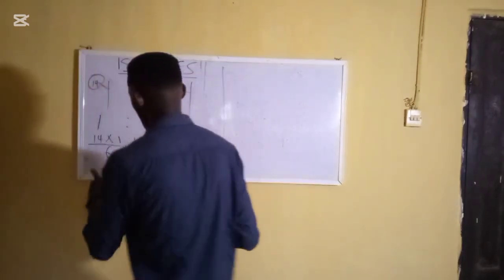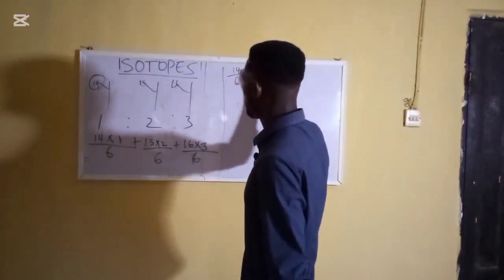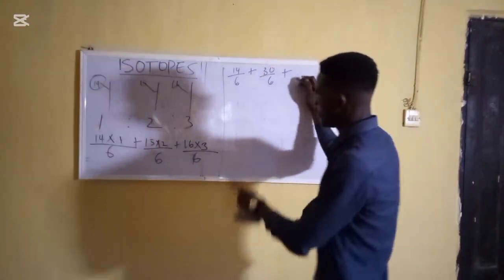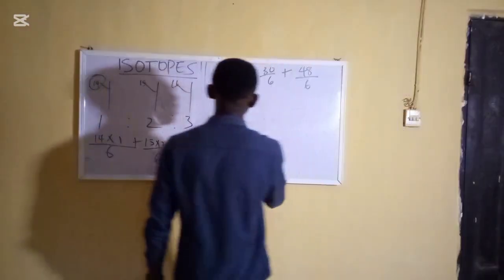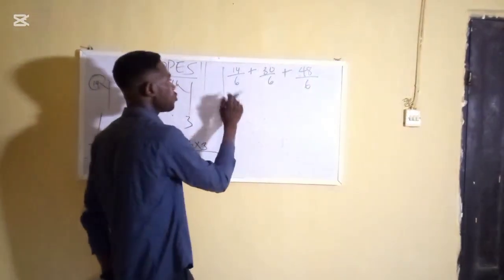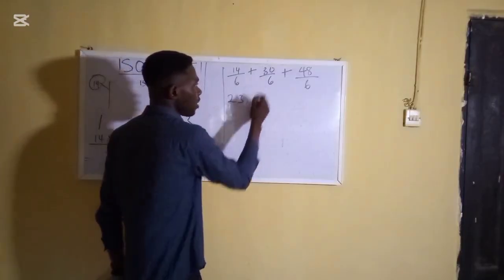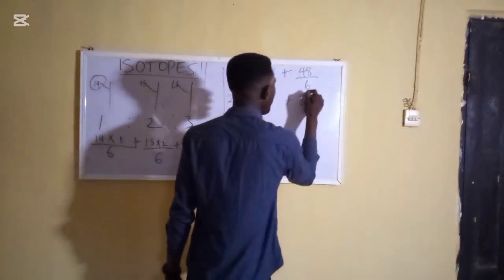Now, if you carry out this calculation, you'll be having 14 divided by 6 plus 30 divided by 6 plus 48 divided by 6. Now, when you carry out your division here, you'll be having 2.3, and this will give you 5, and this will give you 8.